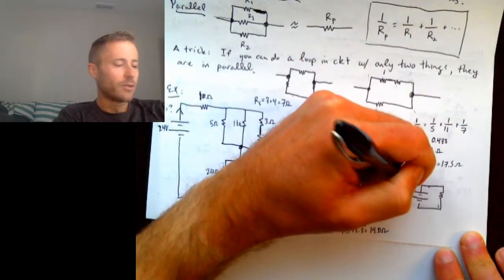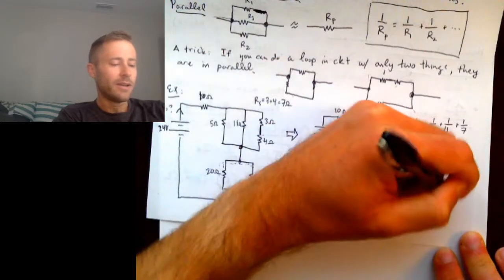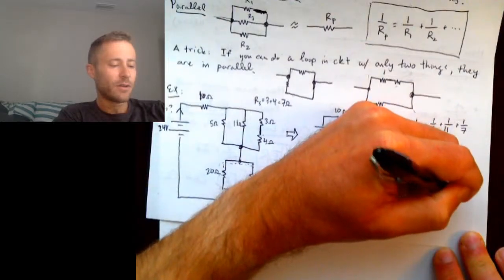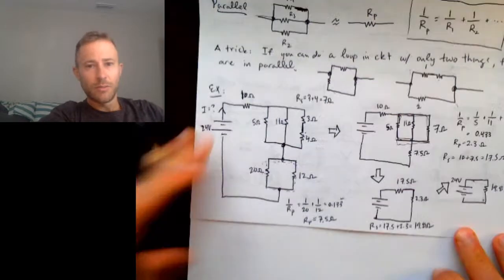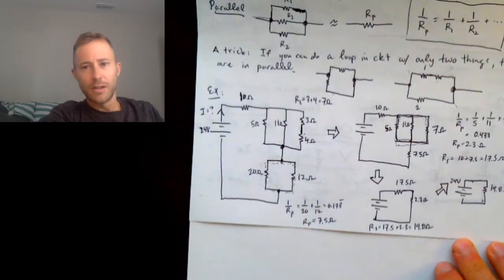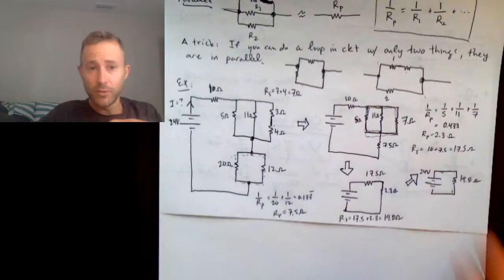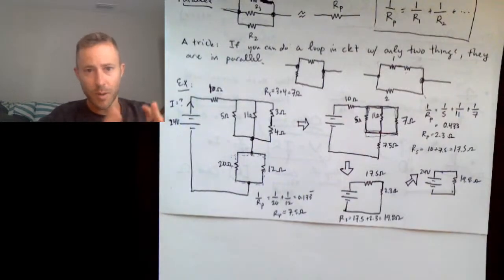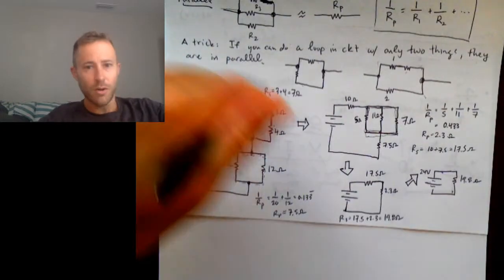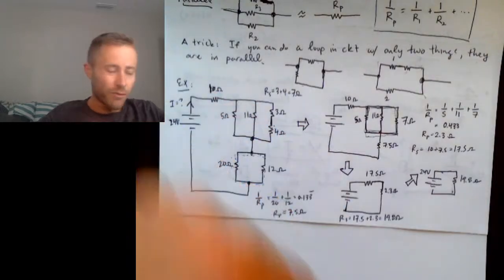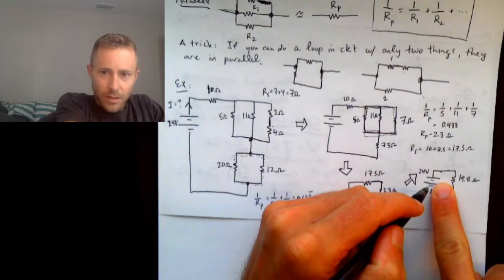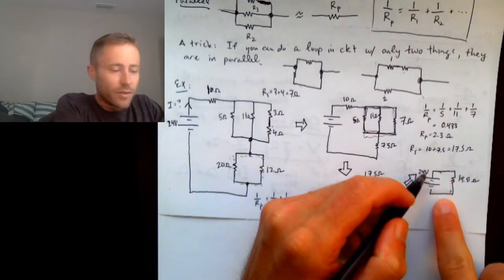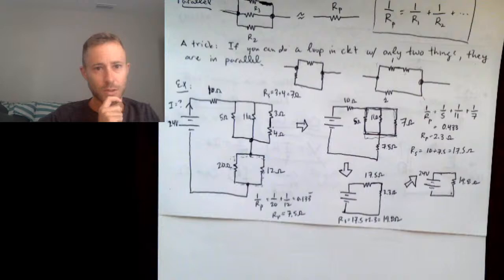So now I have a 24-volt battery and a 19.8 ohm resistor. So now I have reduced this big mess of a circuit down to a single equivalent resistor. So remember, these resistors all maintain their identities, but from the perspective of the battery, it looks like a 19.8 ohm resistor, okay?